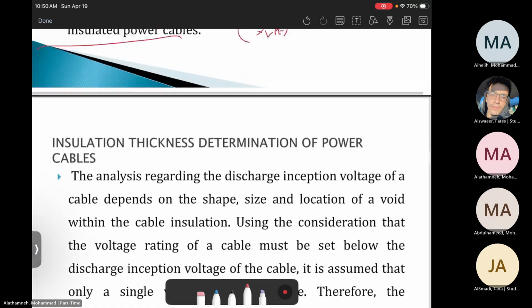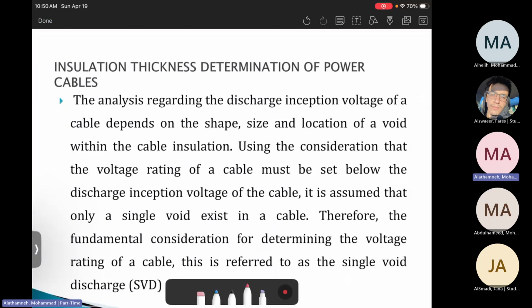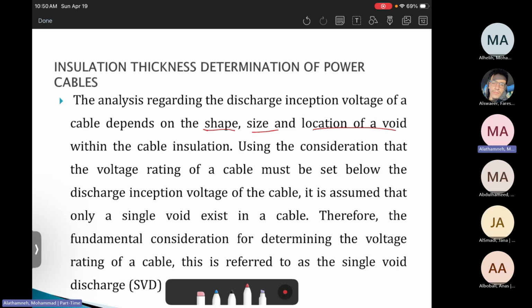Insulation thickness determination, again, is an analysis regarding the discharge inception voltage of the cable, depending on the shape, the size and the location of the void within the cable insulation. Using the consideration that the voltage rating of a cable must sit below the discharge inception voltage of the cable, it is assumed that a single void exists in a cable.